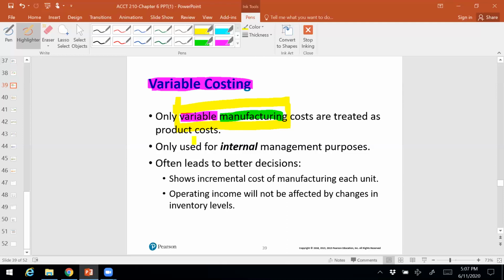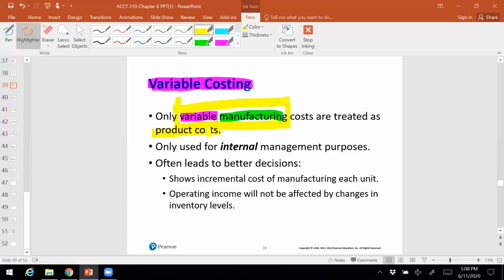It has to be variable manufacturing cost to be treated as the product cost. Okay, this is the key word. If I ask you, hey, sales commission is variable, so it should be product cost? No, that's wrong because it's not manufacturing cost.